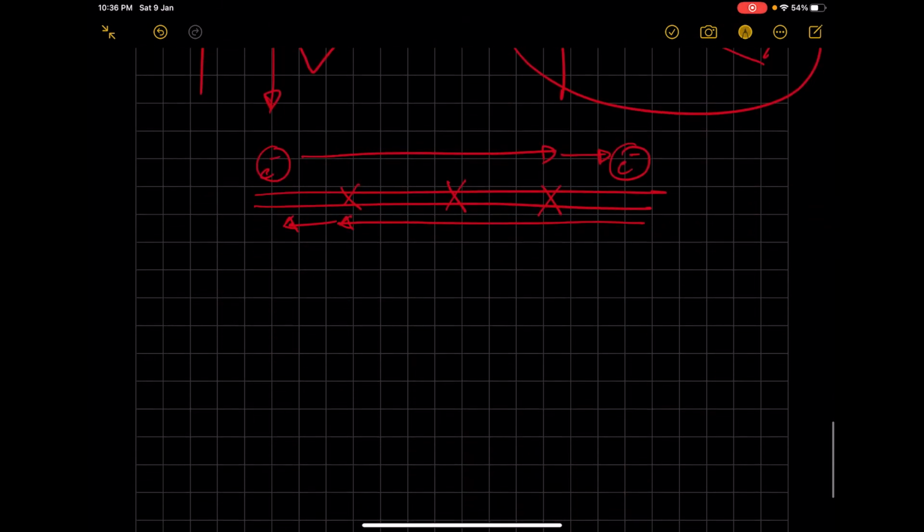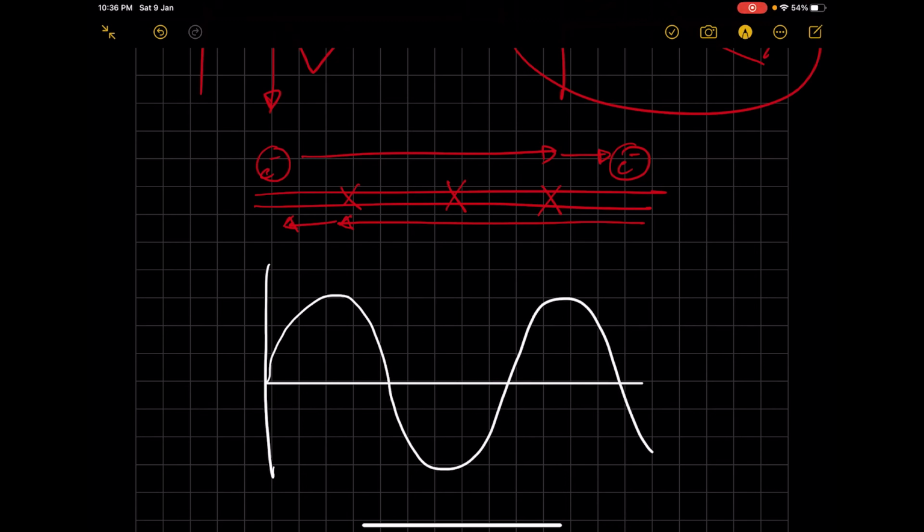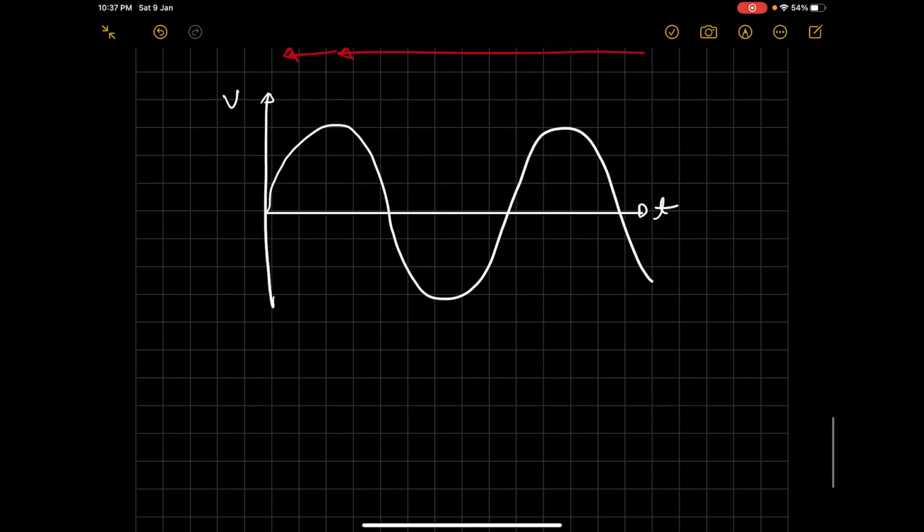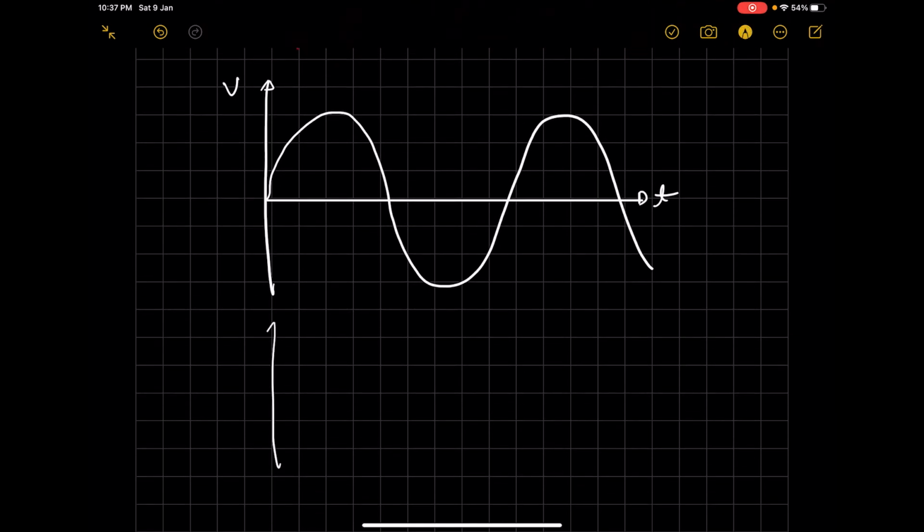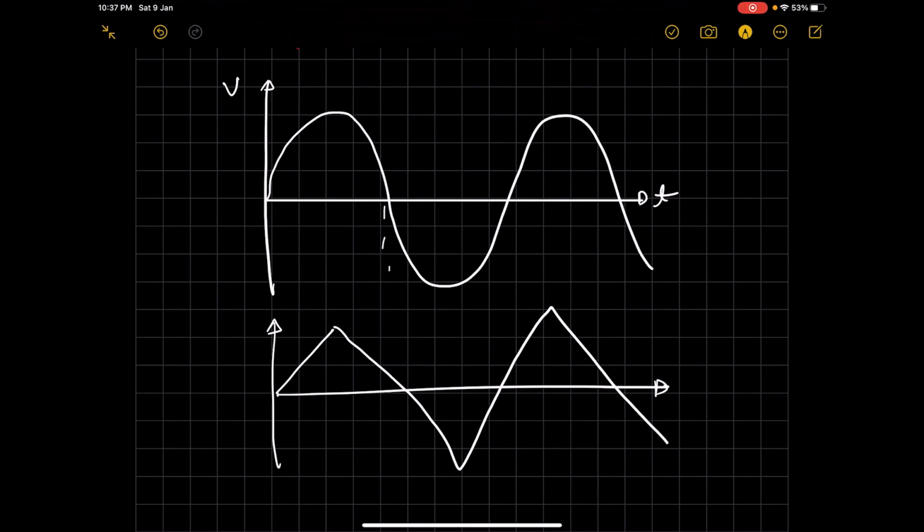I'll take one last example, and probably this is the most common and widely used signal for any AC analysis. It's a sine wave. If you see carefully, it is very similar to the triangular waveform, because in the triangular waveform the velocity starts to decrease at the midpoint, and even in the sine wave the velocity starts to decrease in the midpoint.